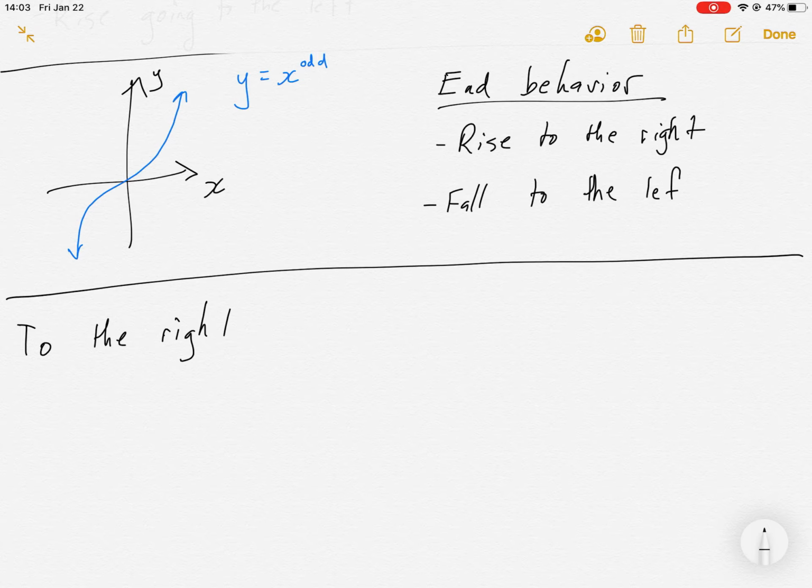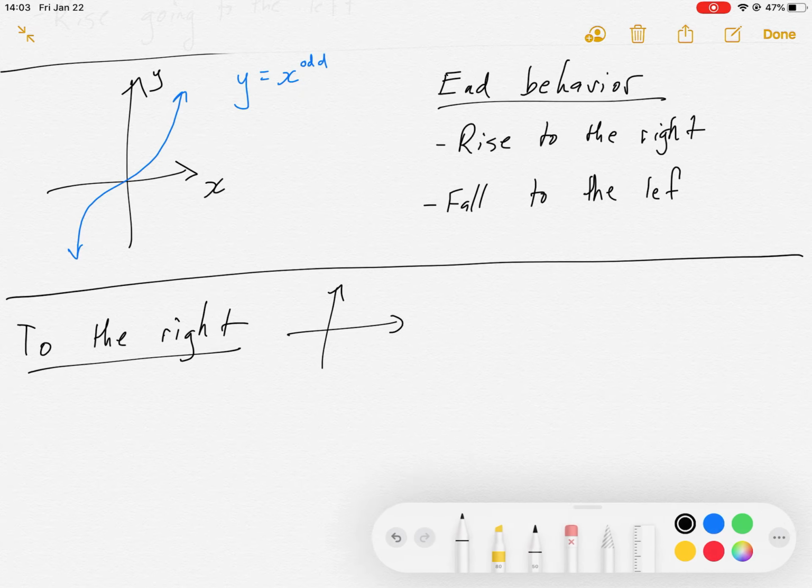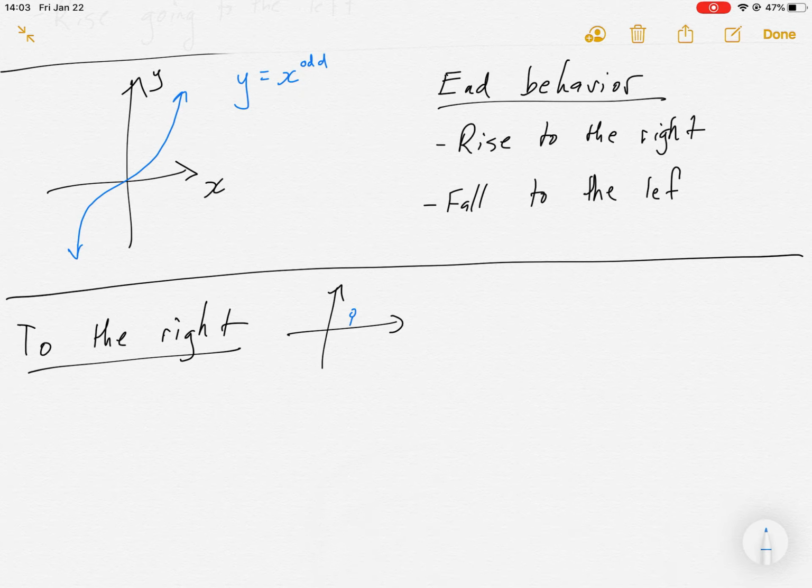So if I'm going to the right on my axis, let's say I have a little person here and they are walking to the right. We could say in this case that x is going towards positive infinity.